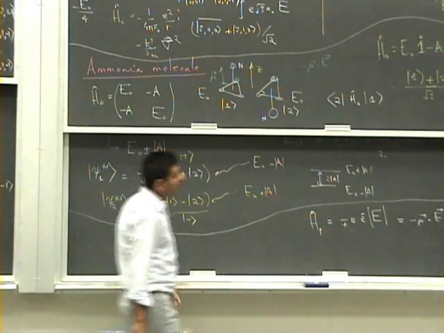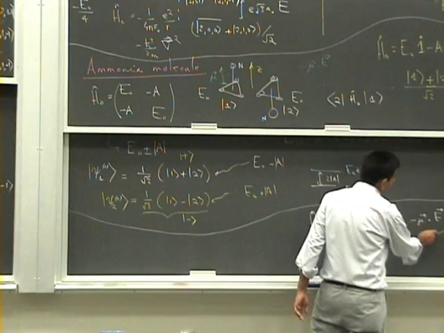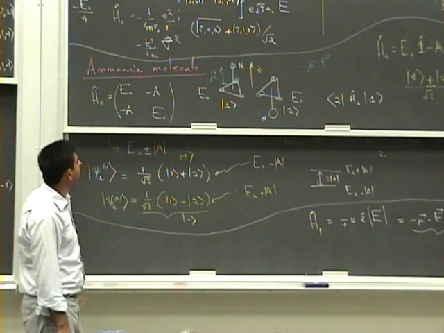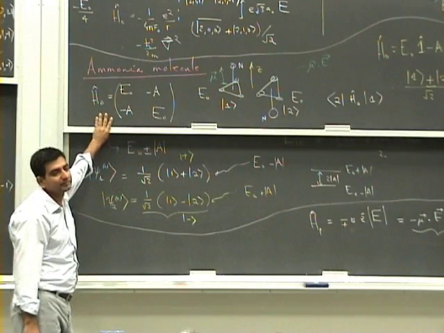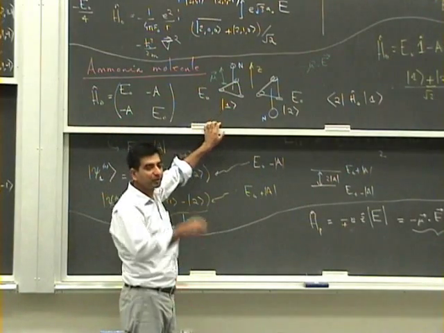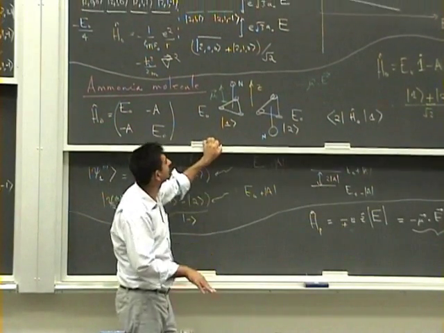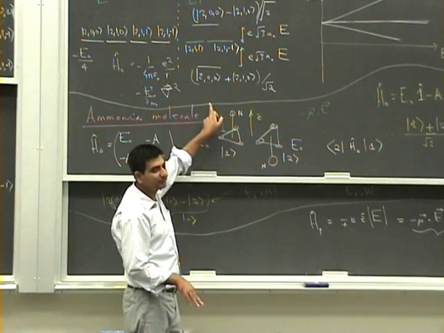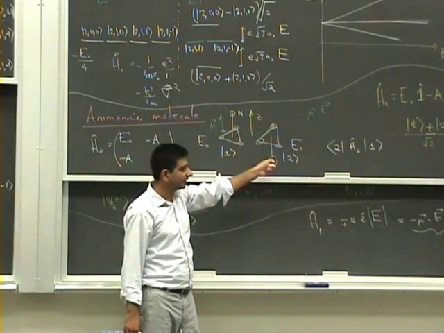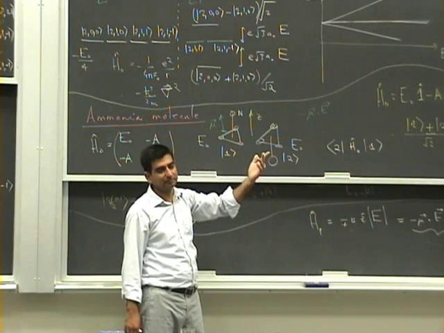Now I would like to write this perturbative Hamiltonian in matrix form, and the basis I choose is the same basis that I have chosen here. If I have this conformation, the energy of the molecule goes down because the electric dipole operator is parallel to the field. If I have this configuration, the dipole moment is anti-parallel, so the energy goes up.